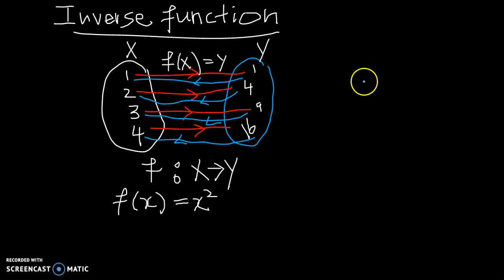Am I correct? A function exists from y to x. So what is the function now? This new function I call f inverse of y is equal to x.